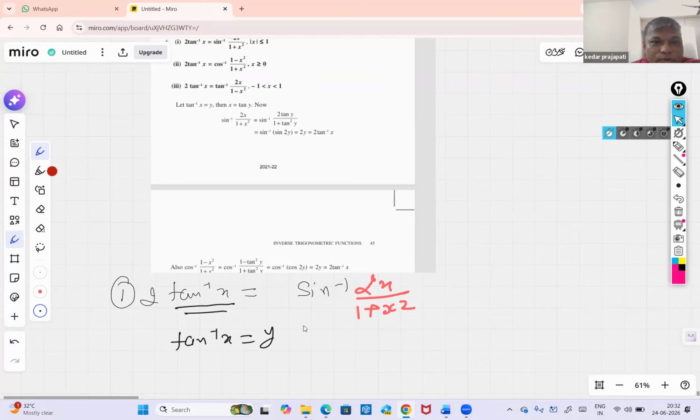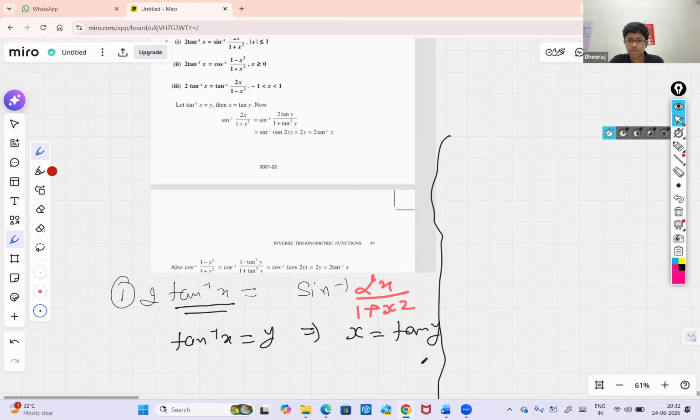So it means tan y equal to x, or you can say x equal to tan y. Now I need to write tan inverse x in terms of 2x by 1 plus x square. Clear?